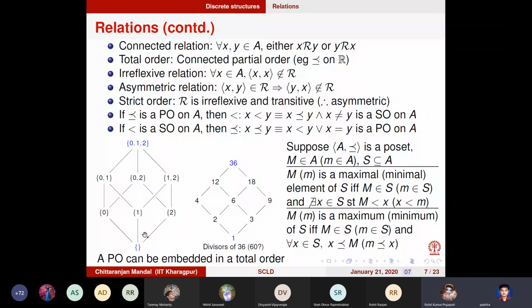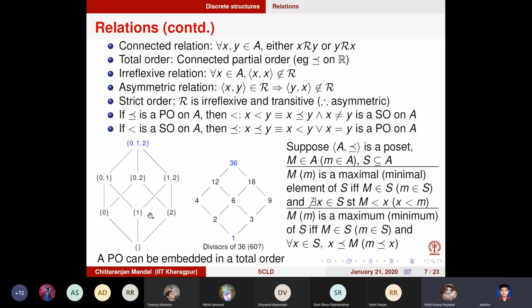For example, the left hand side is a power set, the set of all subsets of the set {0, 1, 2}, and the inclusion relation, the subset relation, is the partial order that is defined.